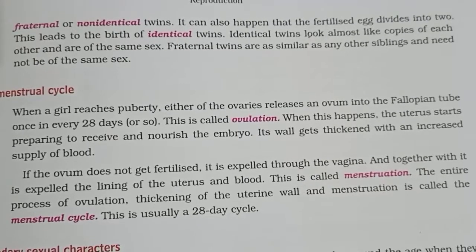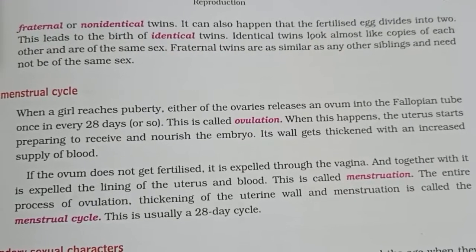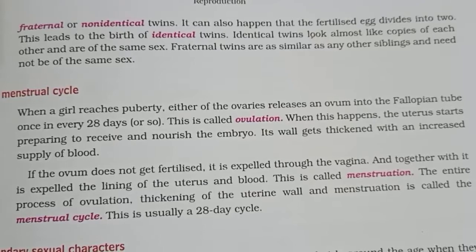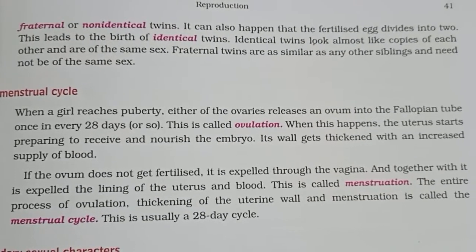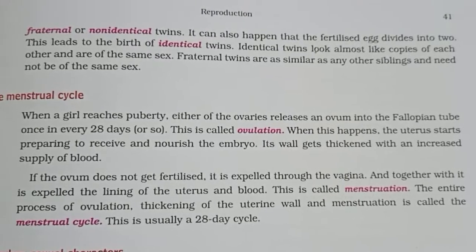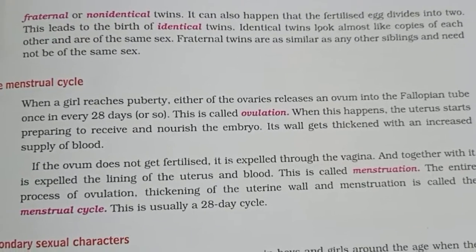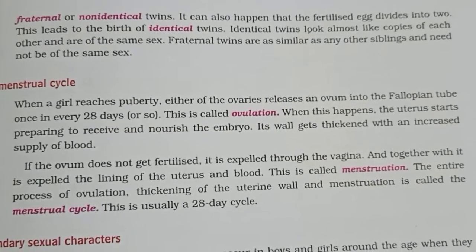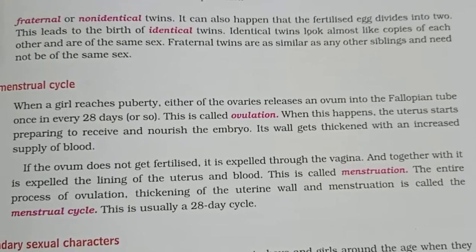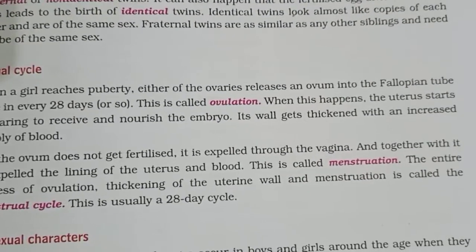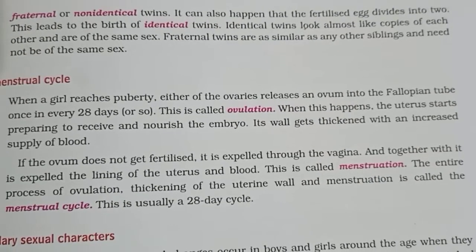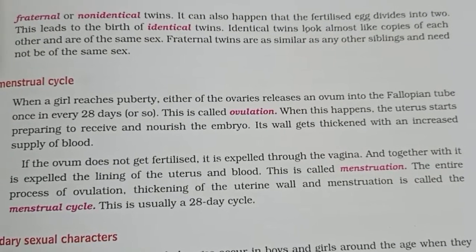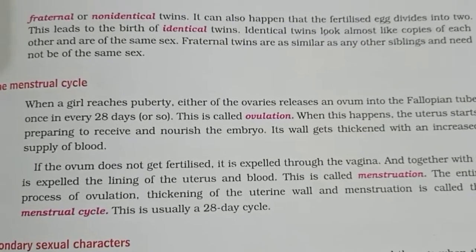Identical twins look almost like copies of each other and are of the same sex. That means both may be boys or both may be girls. But in non-identical twins, it may be a boy and a girl, or both boys, or both girls. Fraternal twins are as similar as any other siblings and need not be of the same sex.